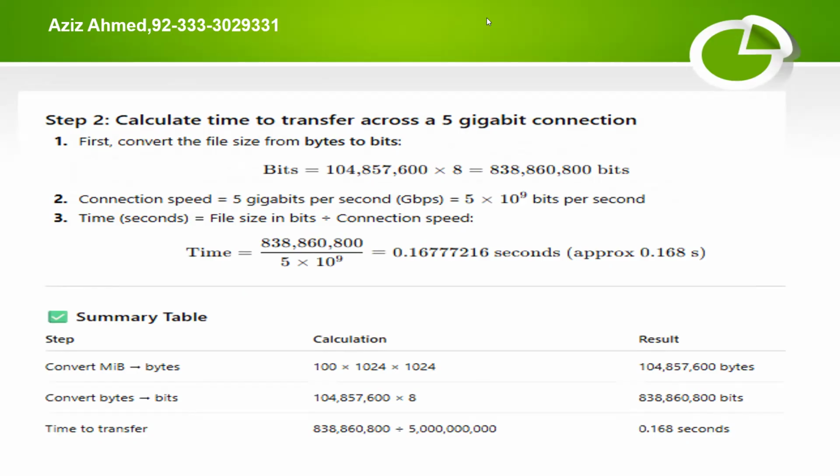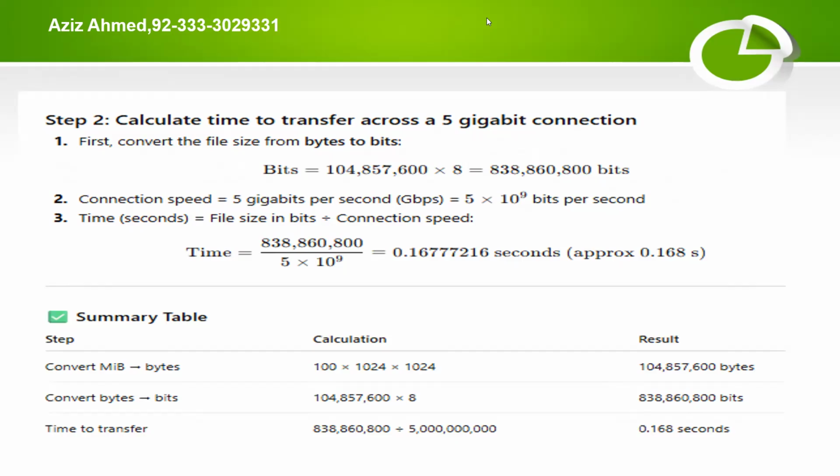The time to transfer across a 5 gigabit connection: first convert the file size in bytes to bits, which is 100 multiplied by 1024 multiplied by 1024, multiplied by 8. Connection speed is 5 Gbps, which is 5 multiplied by 10 to the power 9 bits per second.